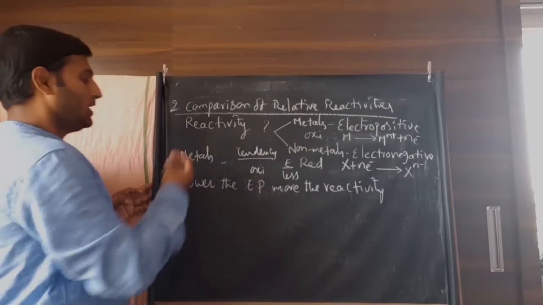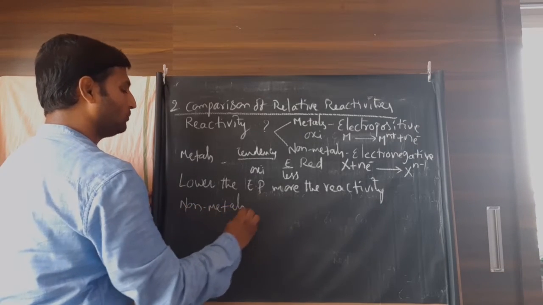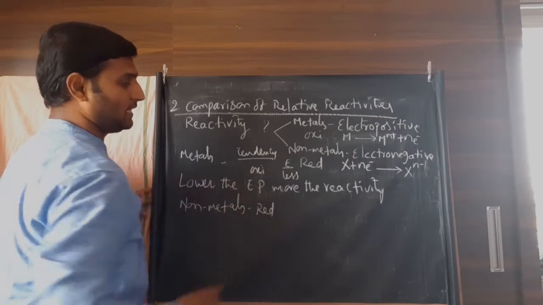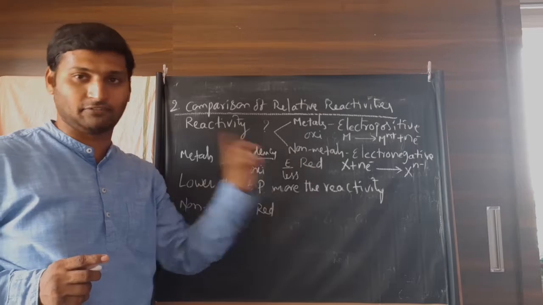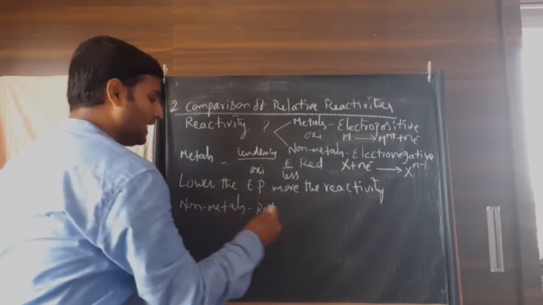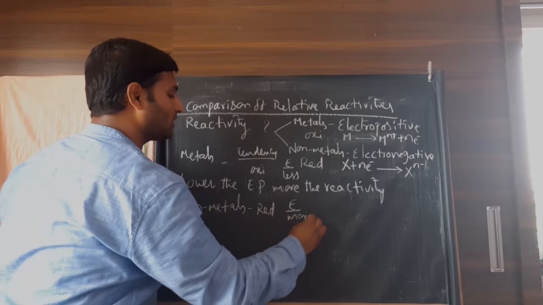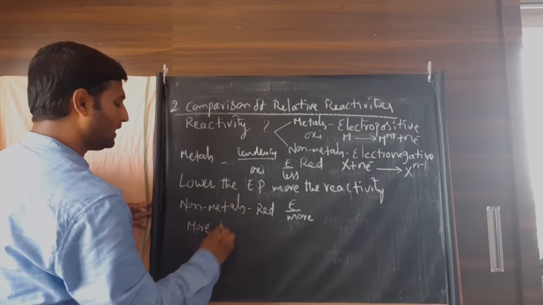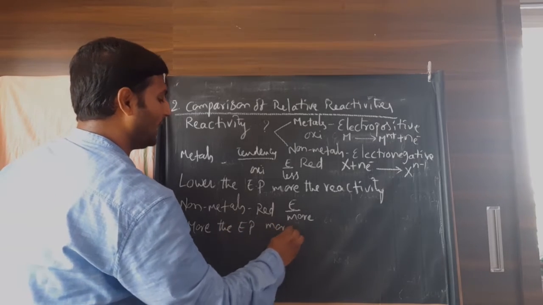Metals. Now come to non-metals. As I told you, for non-metals, more the tendency for reduction, greater is the reactivity. Our reactivity refers to electronegative character, that is tendency for reduction. For greater reduction tendency, the electrode potential has to be more. So more the electrode potential, more the reactivity.